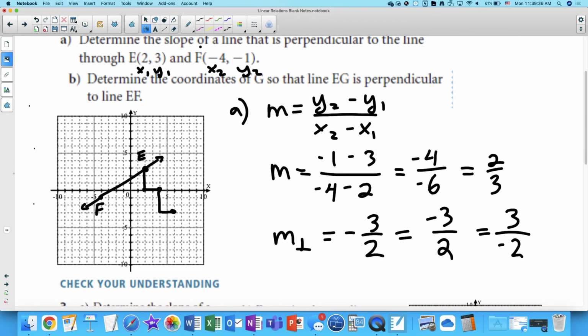If I use this version, 3/2, that means I go up first, but then left. So I'm going to go up 3, left 2. Up 3, left 2. This makes the line.